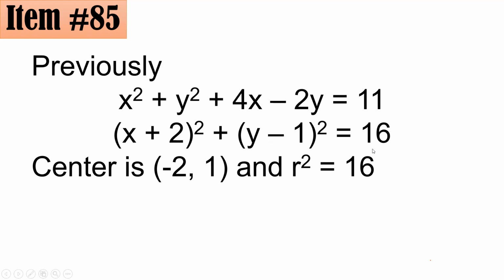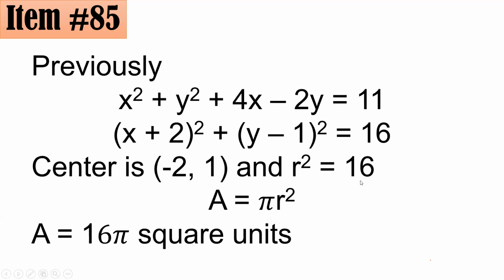At kung kukunin mong radius, syempre radius is 4. No? And we know that the area of your circle is pi r squared. And since knowing that r squared is already 16, and by substitution, that's pi times 16, or you get an area of 16 pi square units, letter C. Good job.